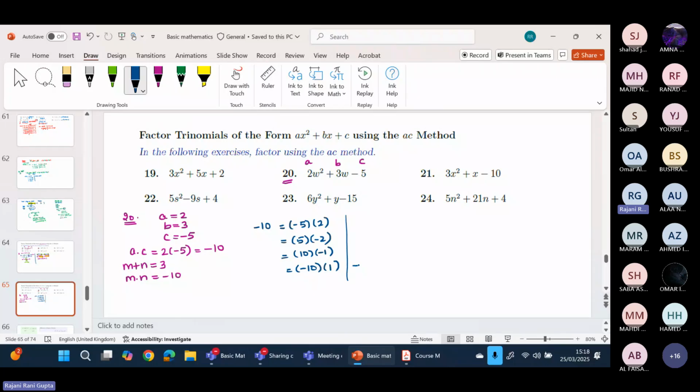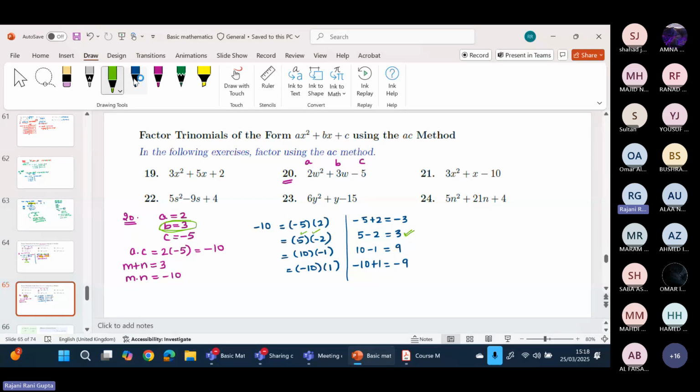For that you check by adding them. -10 plus 1 is equal to -9. 10 minus 1 equal 9. 5 minus 2 equal 3. -5 plus 2 equal -3. Now you have to select like which one you are going to use. So that you will select from here, from the value of B. What is value of B? 3, which is here. So you will choose these two factors.